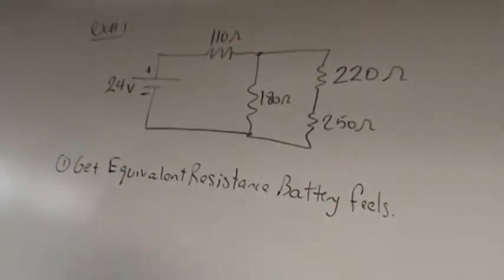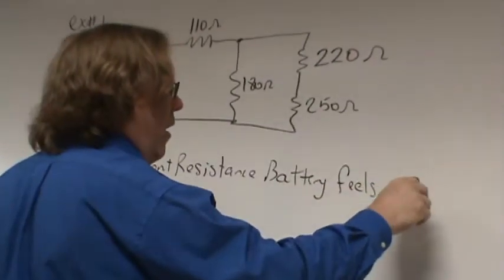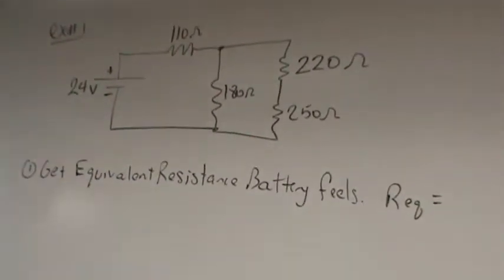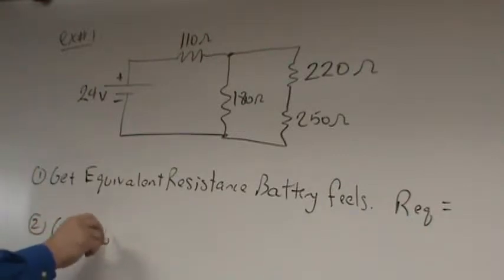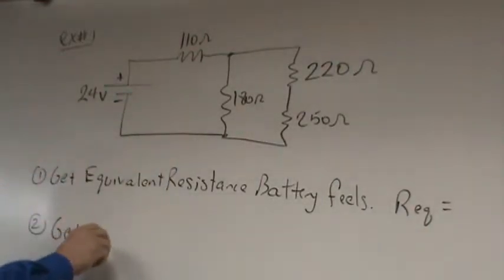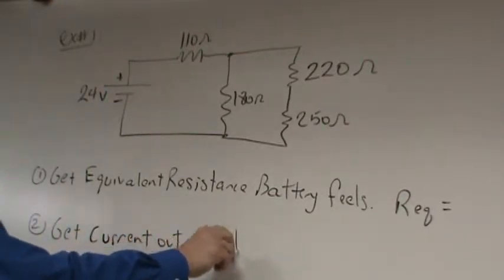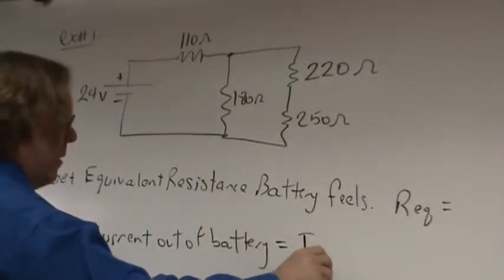I'm going to call that resistance R sub EQ, but you can call it whatever you like. The second thing you're going to get is the current out of the battery, the current that the battery delivers, which we'll call I sub bat.